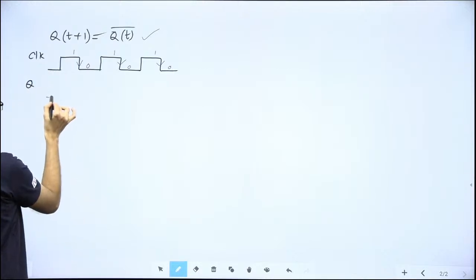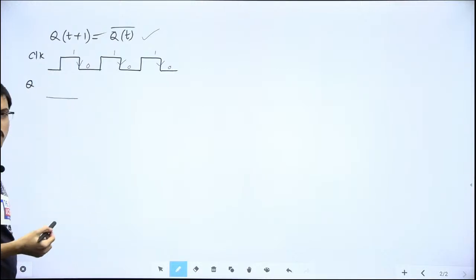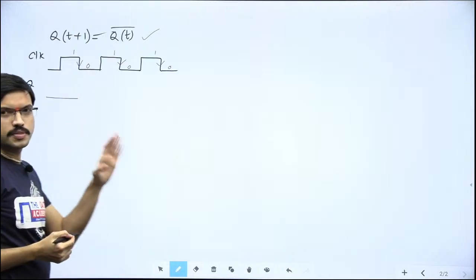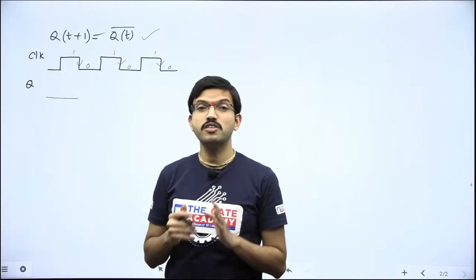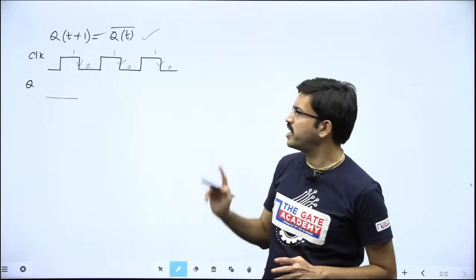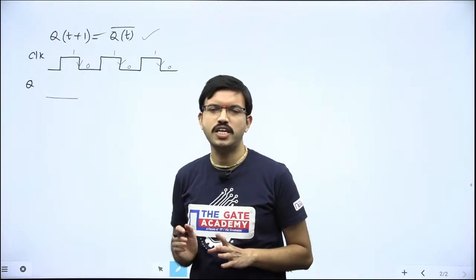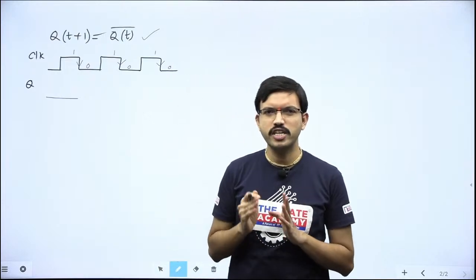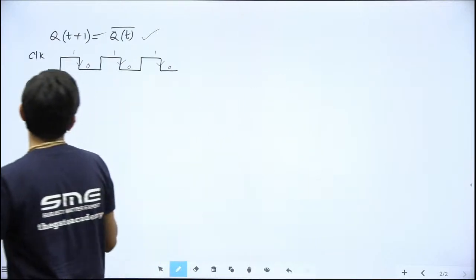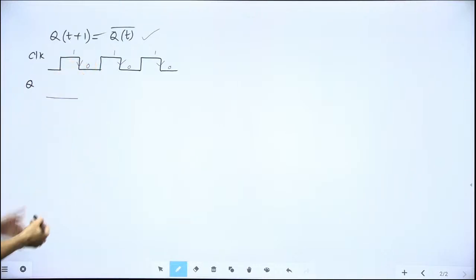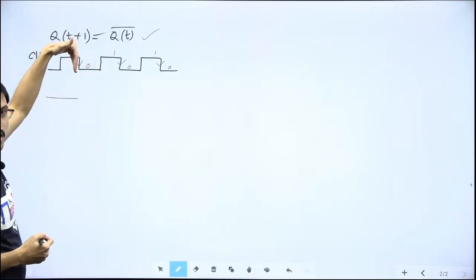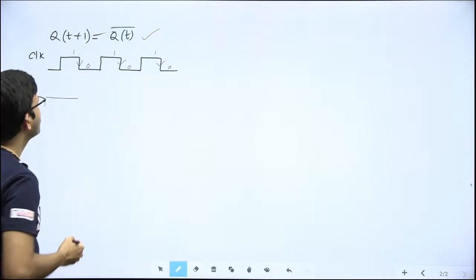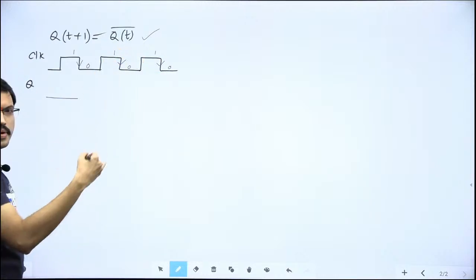Initially the Q value they have given as 0. Sometimes they will specify the initial state, sometimes they won't. If they mention it, we will consider that value. Whenever they don't mention it in the question, by default you can assume the initial state is 0. So here a 1 to 0 transition is happening, that means a negative edge clock signal you are applying to the flip flop. So your next state will be the complement of the present state.